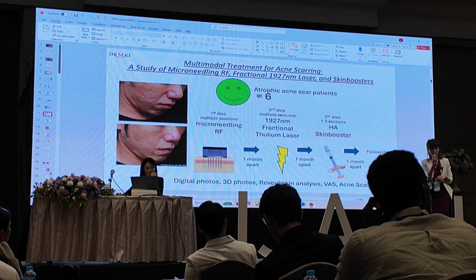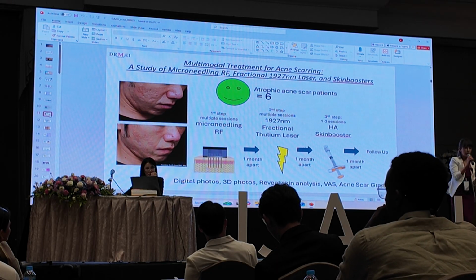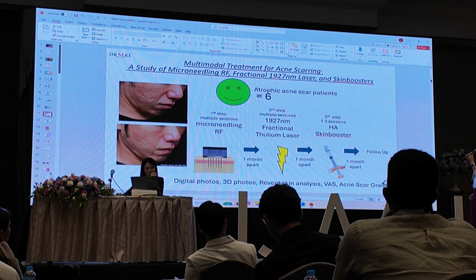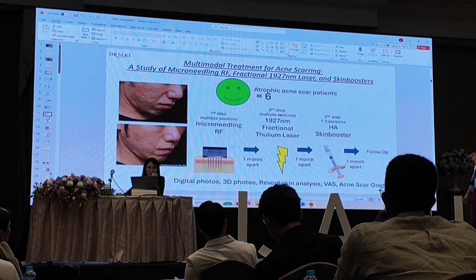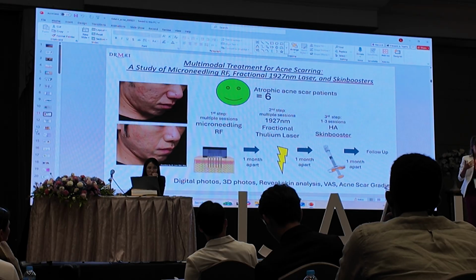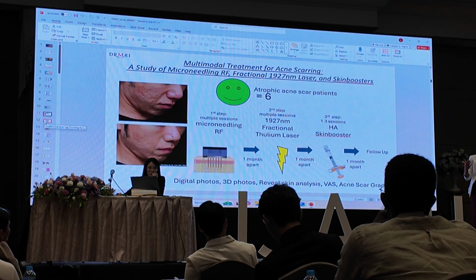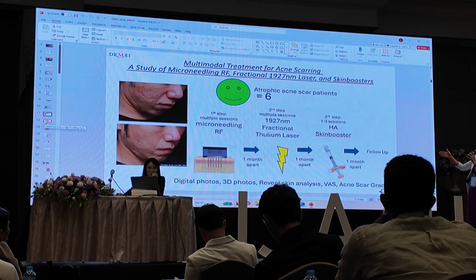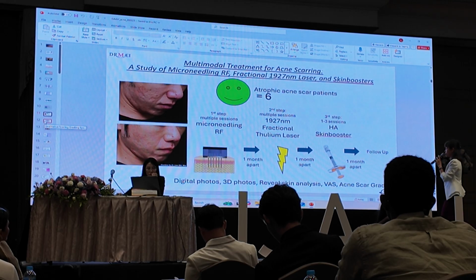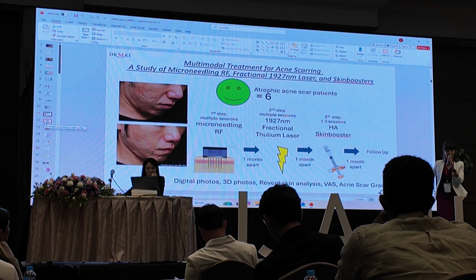Six cases were recruited in the study, undergoing three steps. Four of the six patients underwent all three modalities, and two underwent two modalities. The first step is multi-session microneedling RF, the second step is fractional thulium laser, and the last step is HA skin boosters.